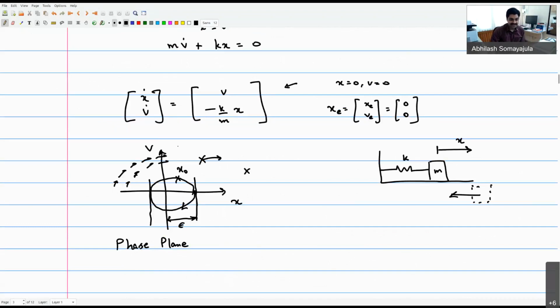So in this case, is the system stable? Yes, sir. For a chosen epsilon, can I find a delta? Yes, sir. I can always find a delta. Is the system attractive?